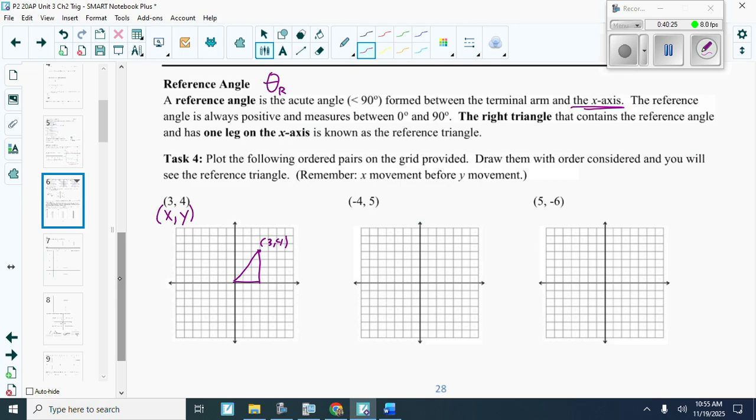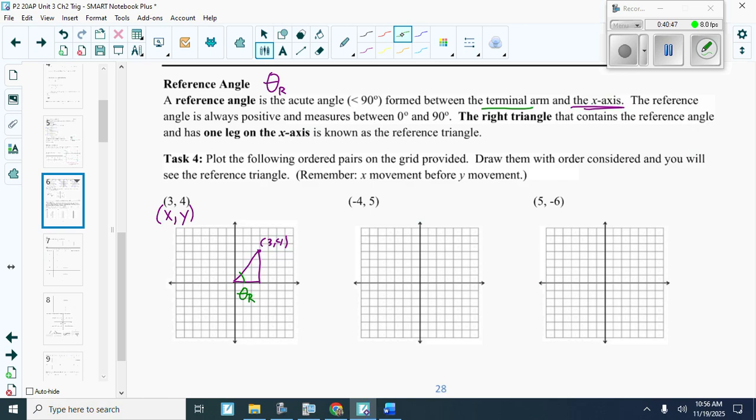If I draw between the terminal arm and the x-axis, that's right here. This is our reference angle, between the x-axis and the terminal arm.